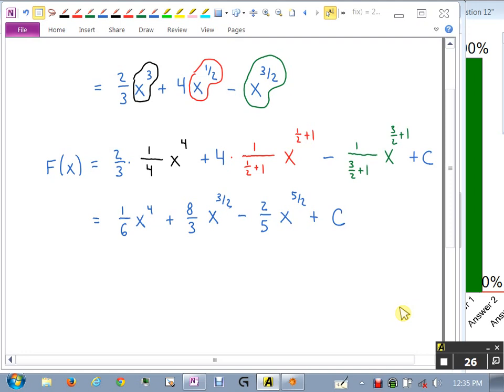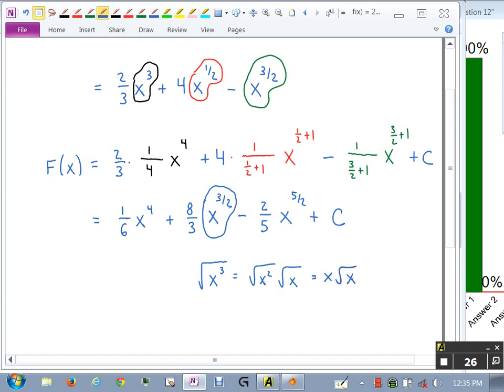Now, could you do more to this to make it look different, maybe match the back of the book? Yeah, probably. We should all at least be aware of something like this, x to the 3/2, is the same as x cubed square root. That's what that means, which you could look at as breaking it up where you can peel off a pair like that, and then you could rewrite that as x root x.